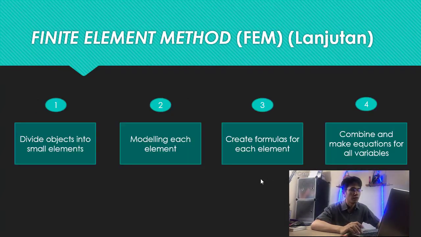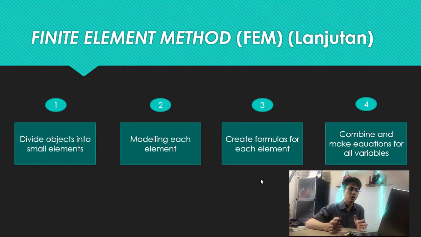The finite element method is divided into four main parts, as you can see here in the slide. The first one is to divide into small elements, and the second is to model the elements.